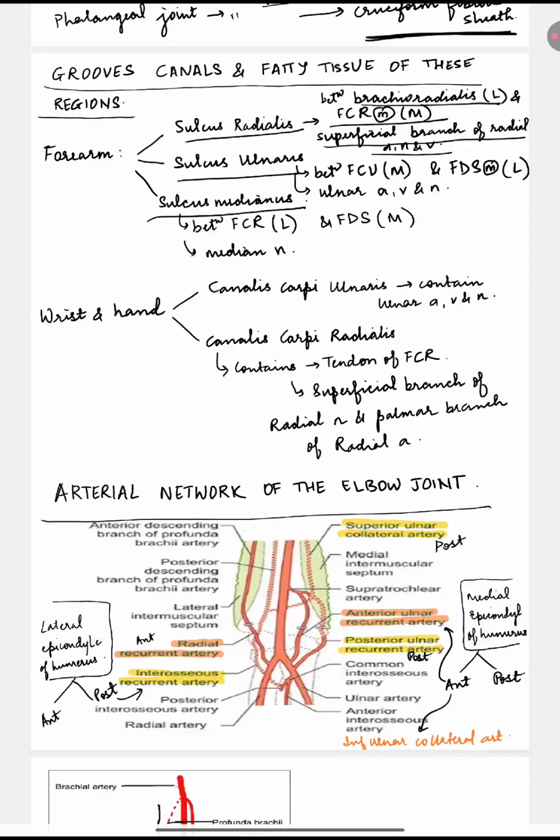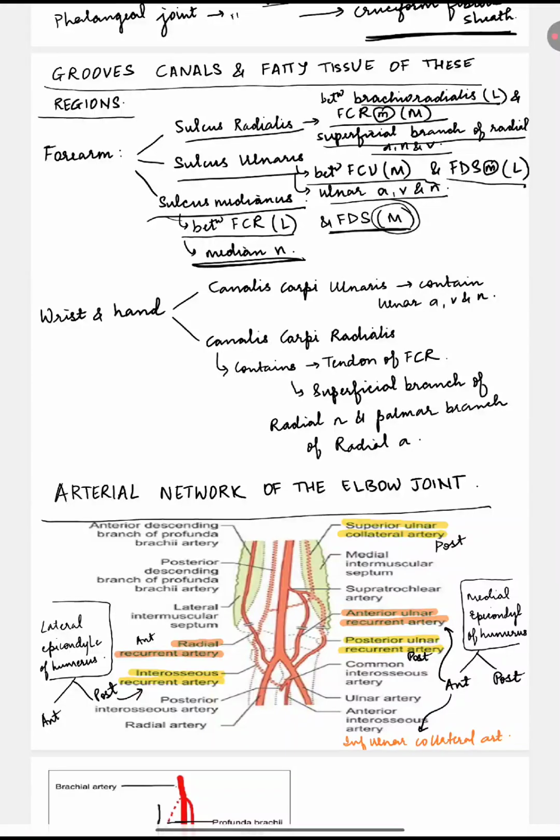Sulcus ulnaris, it is between flexor carpi ulnaris muscle and flexor digitorum superficialis muscle laterally. It contains ulnar artery, vein and nerve. Sulcus medianus, it is between flexor carpi radialis laterally, and flexor digitorum superficialis muscle medially. It contains median nerve.